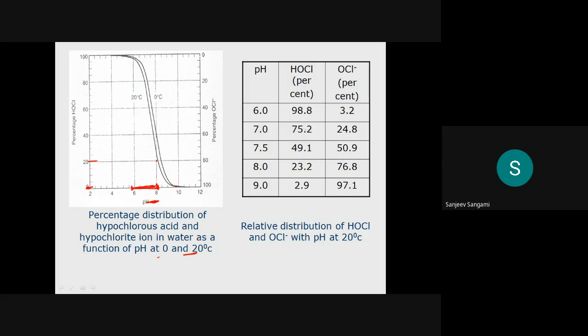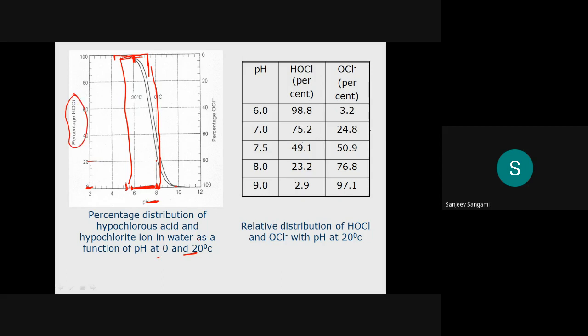In the table also you can see this stretch. You can start with 4.8 or roughly 5. If you draw to this portion, you can see the percentage of HOCl is more here.